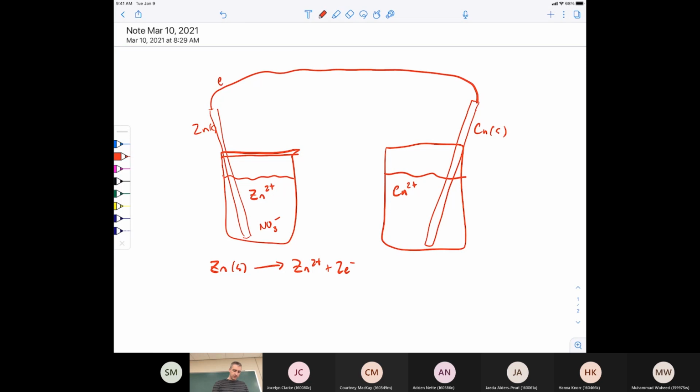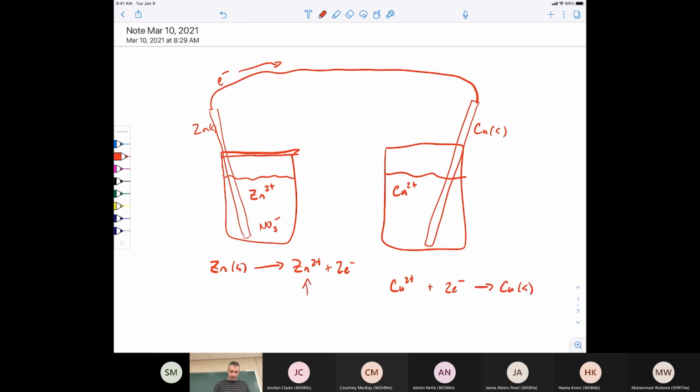So the electrons head along that way that are produced in this reaction, and they're picked up on the other side. They go into the electrode, and then the copper 2+ ions, when they collide with the electrode, can pick up those electrons and become copper 0. So that would look like this: Cu 2+ needs 2 electrons, goes to copper solid.